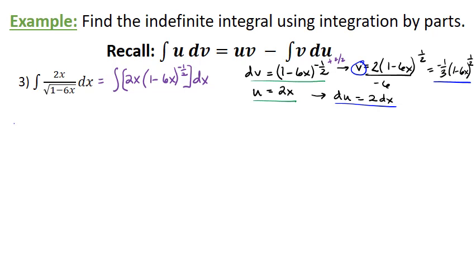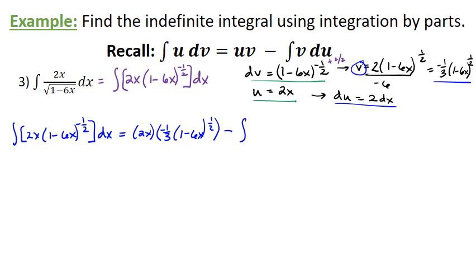So we end up with the integral of 2x times the quantity 1 minus 6x to the 1/2 dx, so that's just what we're starting with, is equal to u, which is 2x, times v, which is all of this, negative 1/3, minus the integral of v, times du, I forgot that, so times 2 and then dx.